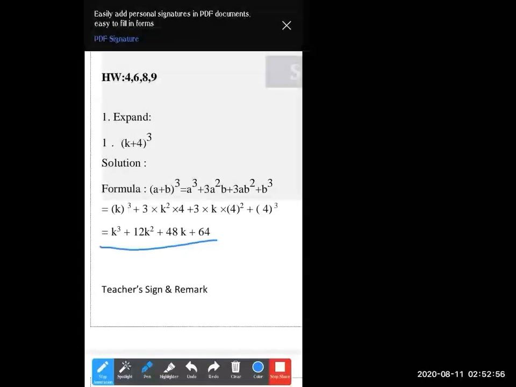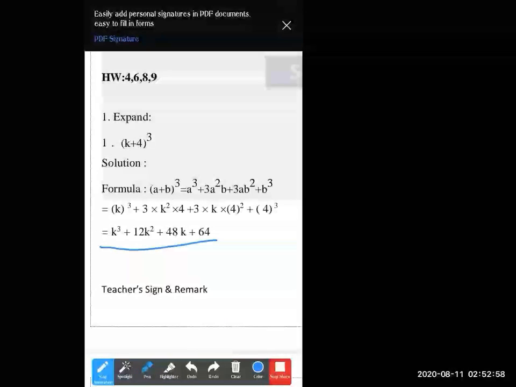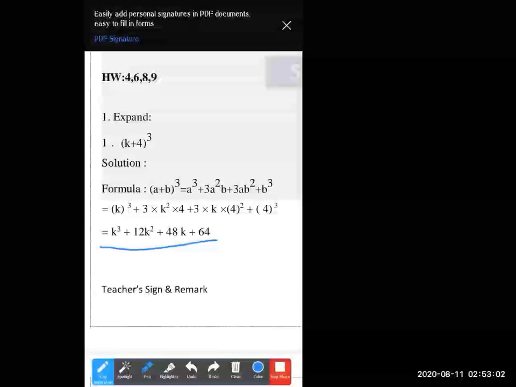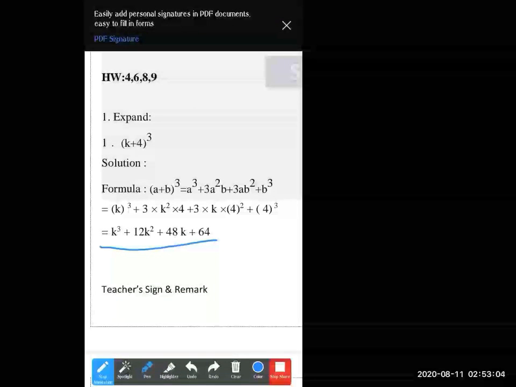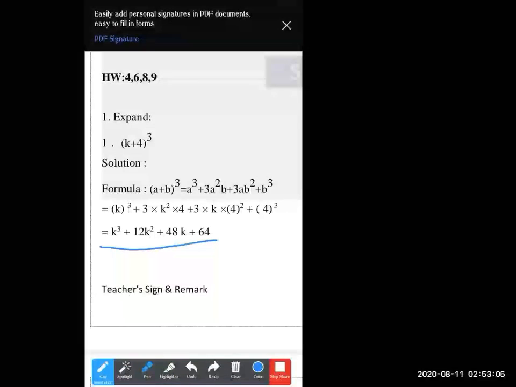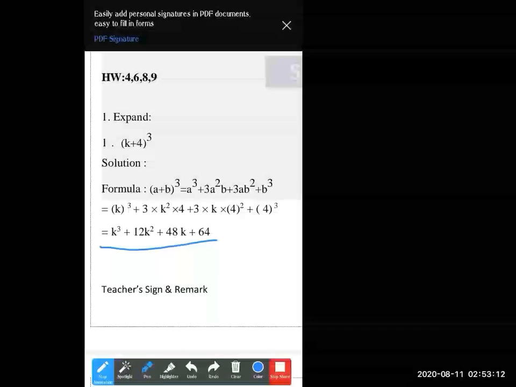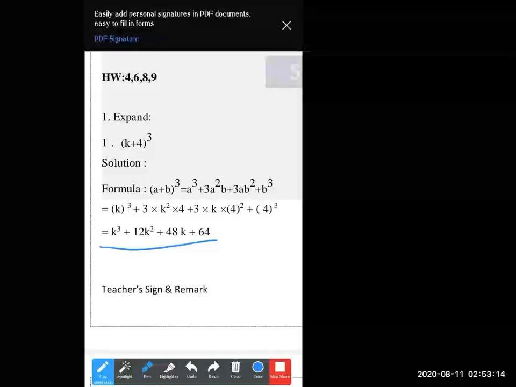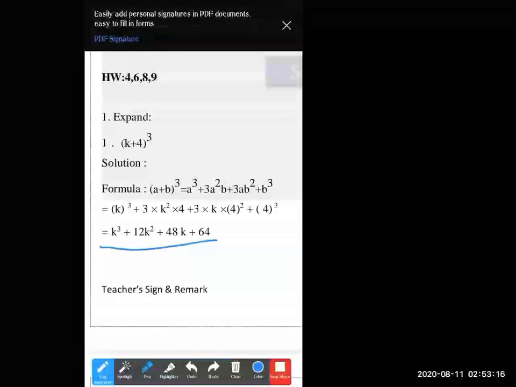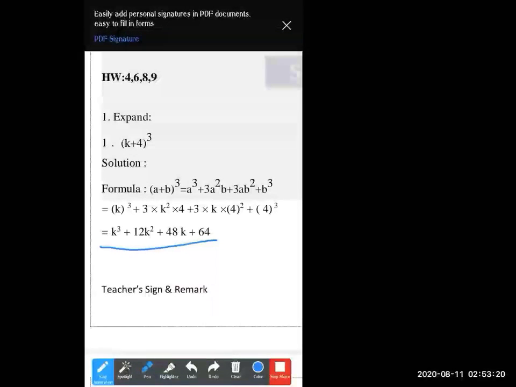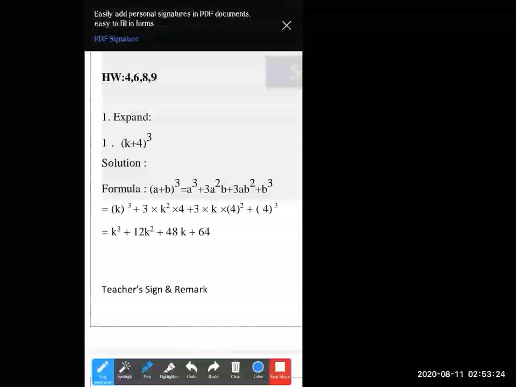Okay, I'm giving you 1 minute. Write down in your notebook if you're having, or write in your workbook. Giving you 1 minute to complete this first sum, so that we can move to our next one.